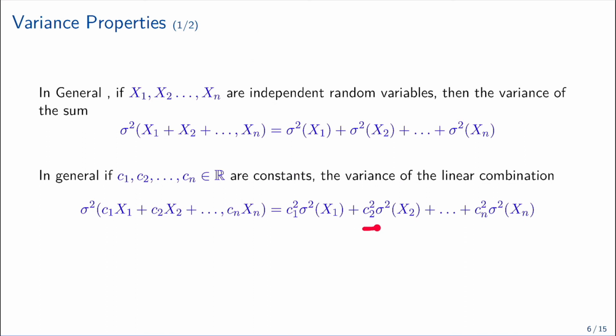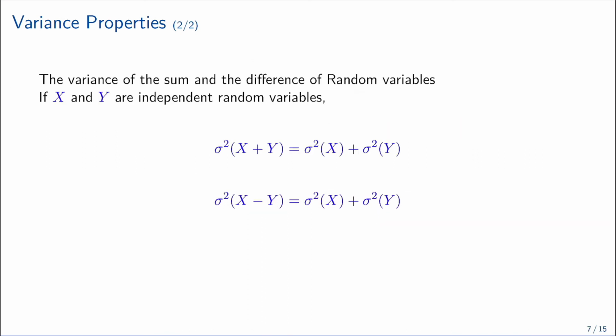In particular, we have the variance of the sum and the difference of random variables x and y. So the variance of x plus y is equal to the variance of x plus the variance of y. But the variance of x minus y is also equal to the variance of x plus the variance of y. It does not subtract in this case.